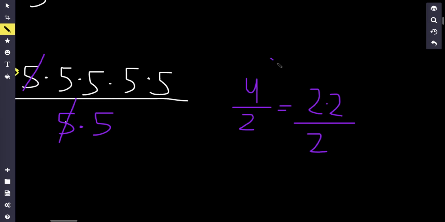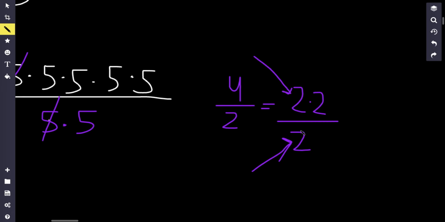You notice that we have a 2 in the numerator and a 2 in the denominator, and we can cancel these common terms out. So as long as the numerator part is the same as the denominator part, and as long as it is being multiplied by some other number, you're able to cancel the part of the numerator with the denominator out.